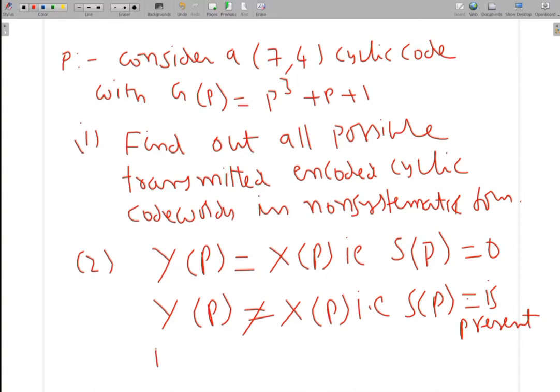Therefore, calculate E(p). Therefore, X(p) is equal to E(p) plus Y(p).